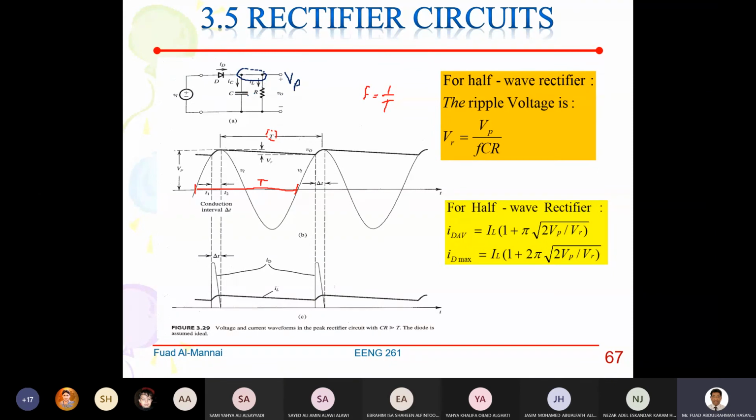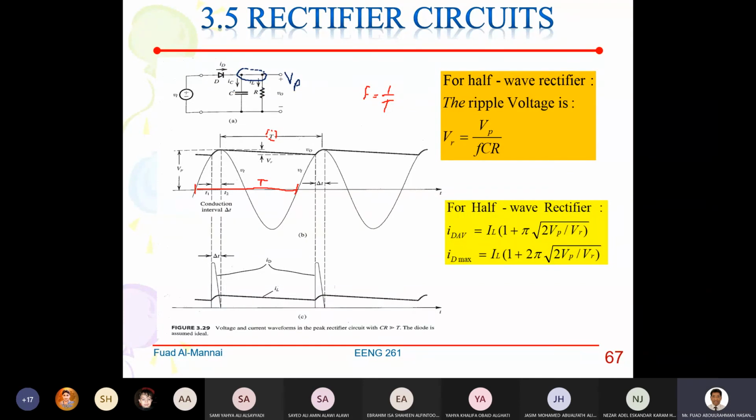If you put a small capacitor and a small resistor, then the capacitor will charge but will discharge quickly through the small resistor.